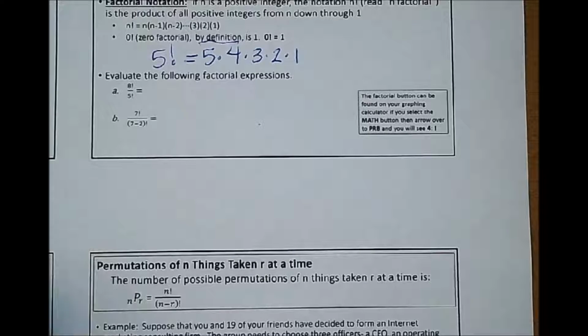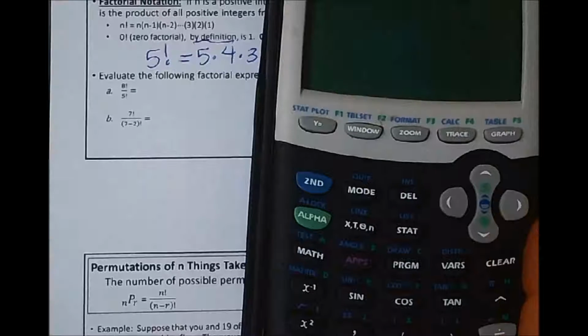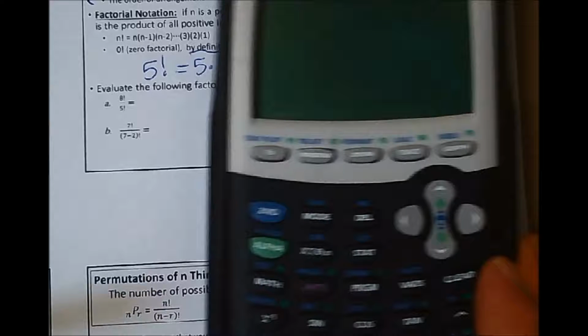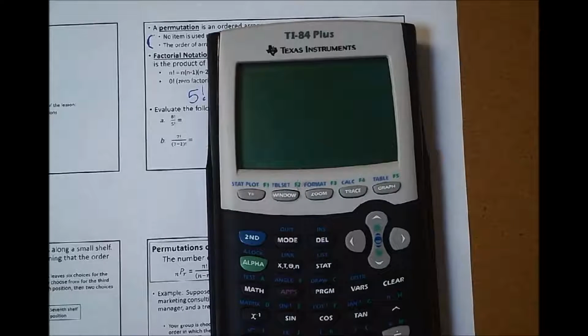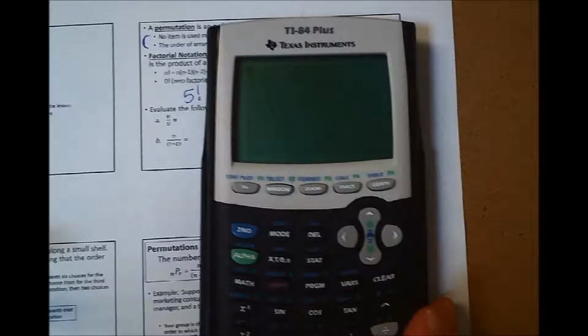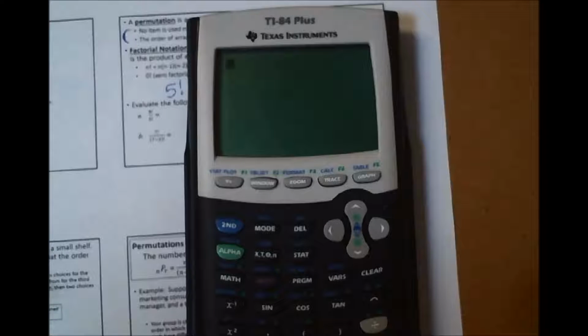So, here's our calculator. Sorry for such a rough video. I'm going to scroll us out a little bit. So the way we're going to do this is we're going to say 8. Then we're hitting the math button.